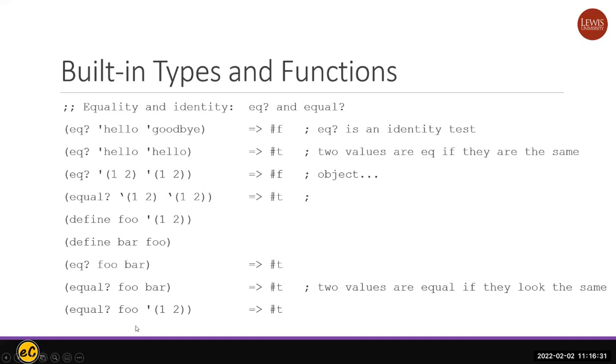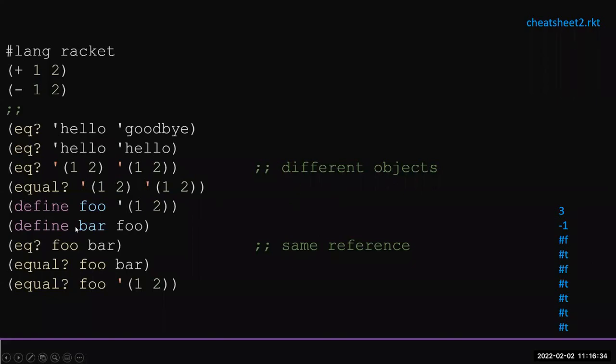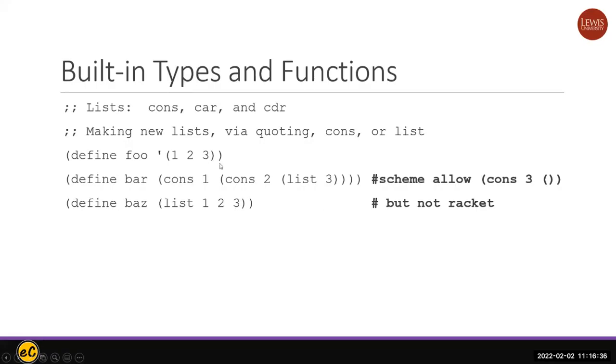Equal checks the content, they are the same. Okay, so these are the built-in functions. Here we define foo as this. And then we have define bar. Bar is making 3 a list, constructing 2 onto the list, and then constructing 1 onto the list. So you create a 1, 2, 3 list. And baz is actually making a list of 1, 2, 3 and assigning it.